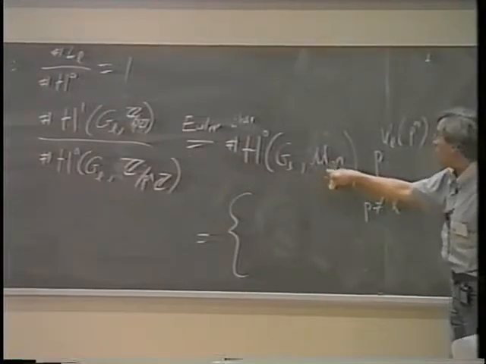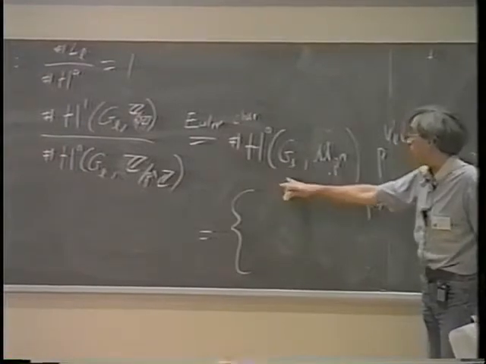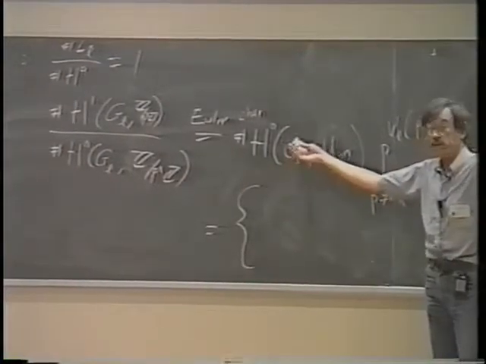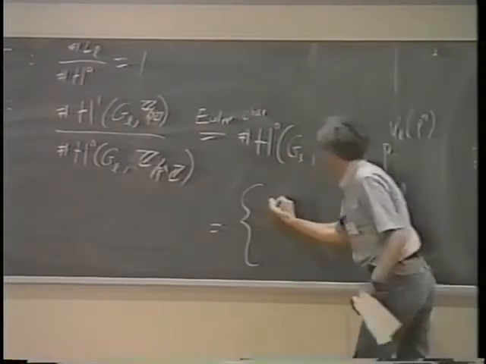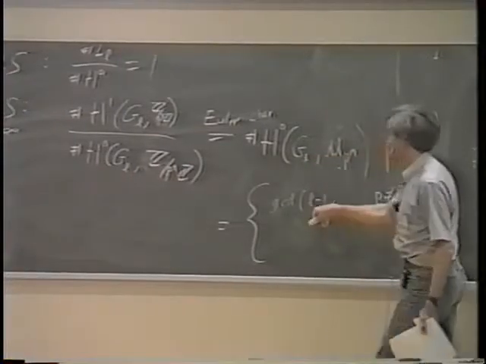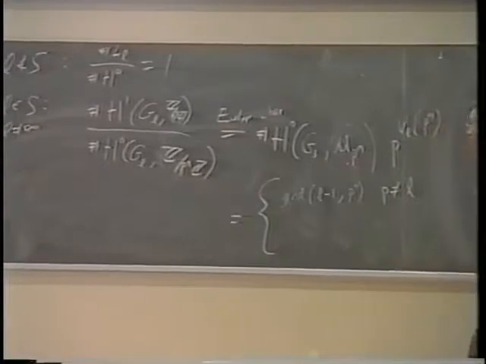So we're looking at p to the nth roots of unity that are fixed by the Galois group. So this is just counting p to the nth roots of unity that are in the L-adic rationals. Well, that's just GCD of L minus 1, because that's how many roots of unity you have. And how many of them are p to the nth? It's GCD of L minus 1 and p to the n.